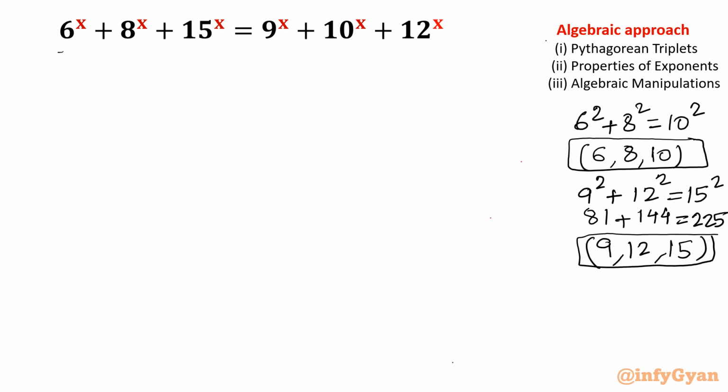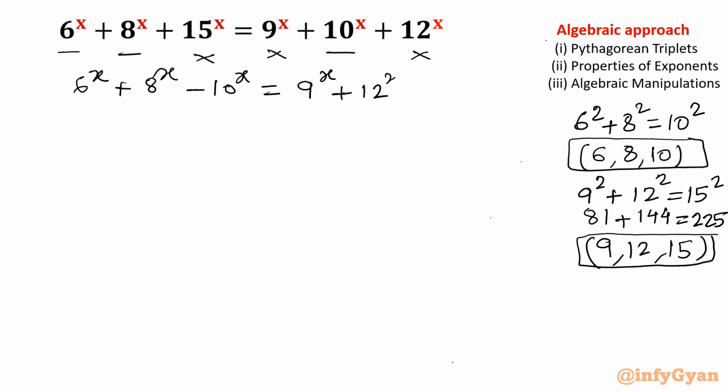I am going to shift three terms to one side and the remaining three to the other side. So let us write 6^x + 8^x - 10^x = 9^x + 12^x - 15^x. Now 10^x from the left hand side and 15^x from the right hand side I will take common.